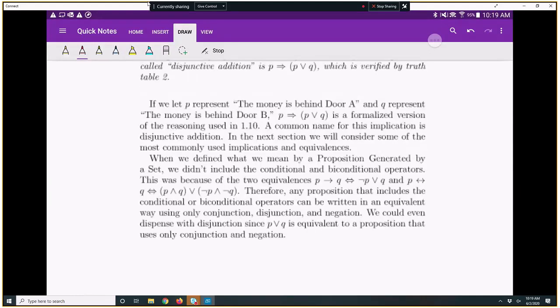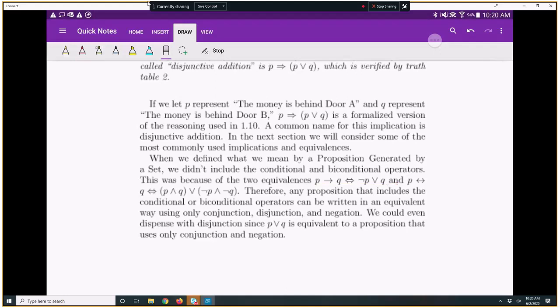One other thing to note is that in the last lecture note, when we defined the proposition generated by a set, we made a note at the time that we didn't include conditional and biconditional operators because we'd be able to state them in equivalent form using just negation, conjunction, and disjunction. And that is because of these equivalences. So the conditional, if P then Q, is equivalent to not P or Q. So this is very important.